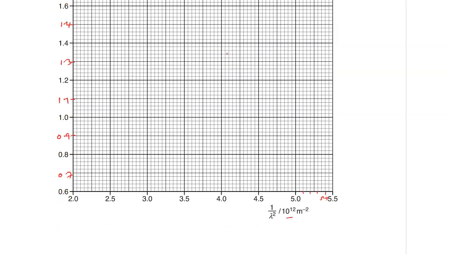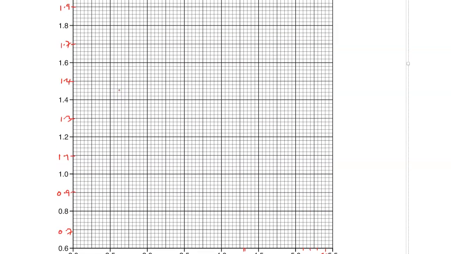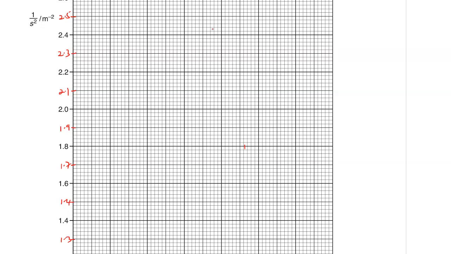Then 4.35. So this is 4. 1, 2, 3, 3, 4. So 3, 4 is basically somewhere there. So let's go up. 3, 4 is somewhere here. It's against 1.9 or 1.93.